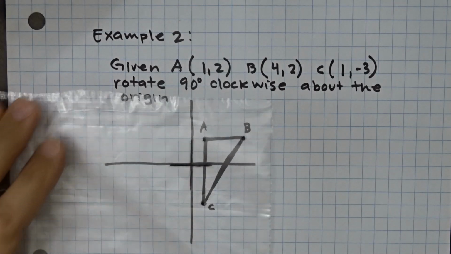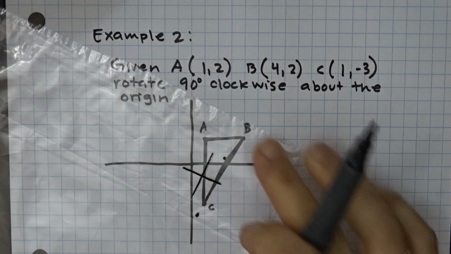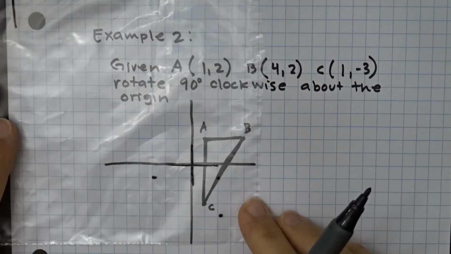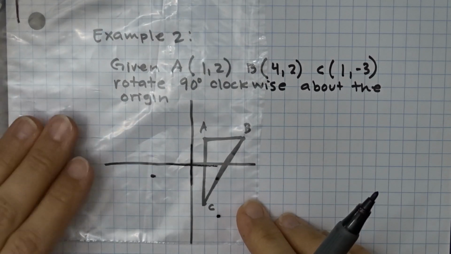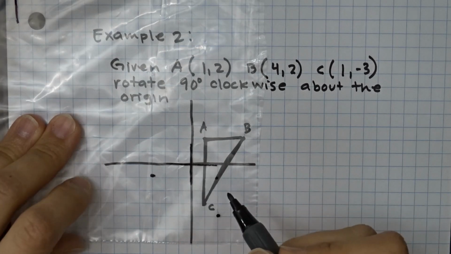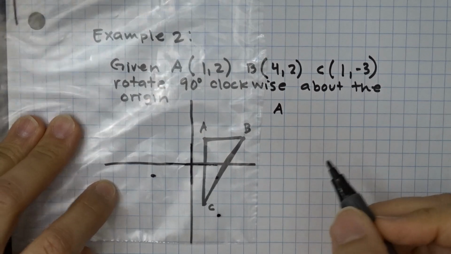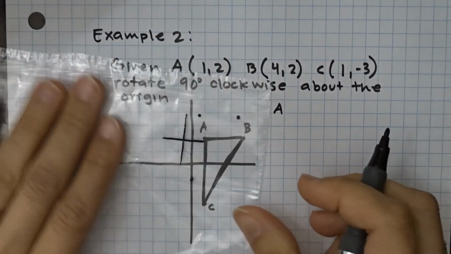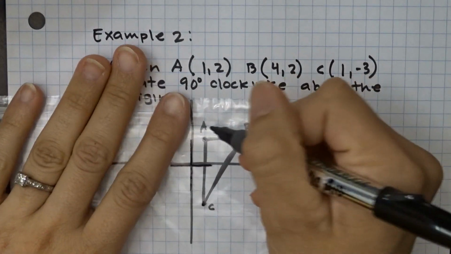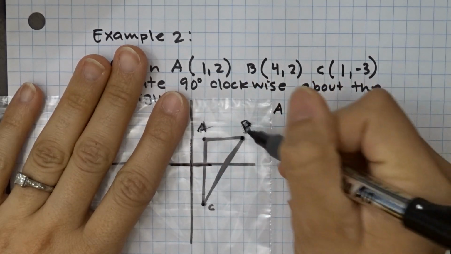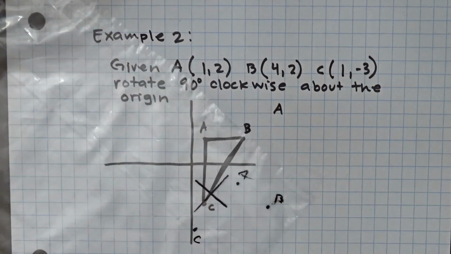And you're going to go clockwise. So I'm just going to rotate it once. Land right there. I didn't label them, sorry. I don't want to lose track of which one was A, B, C.